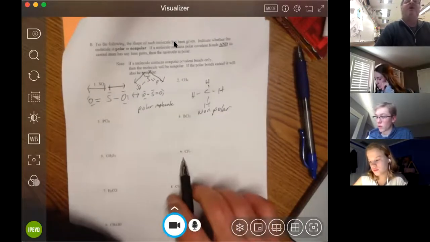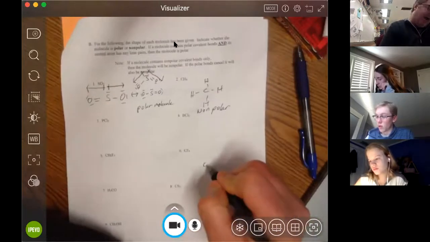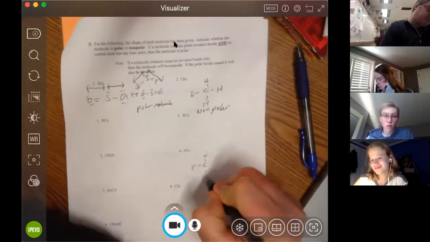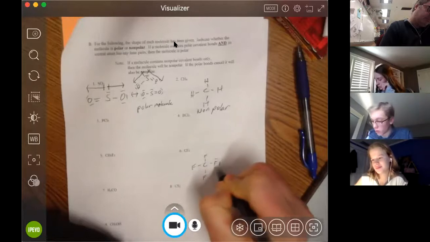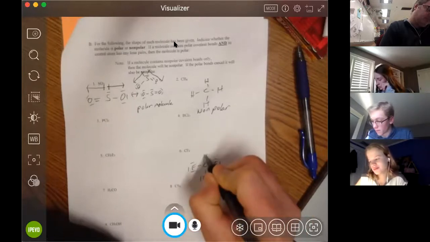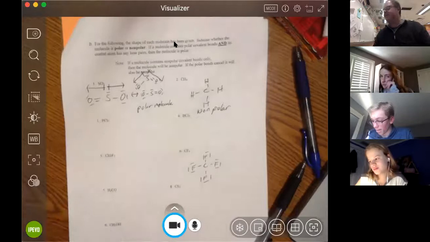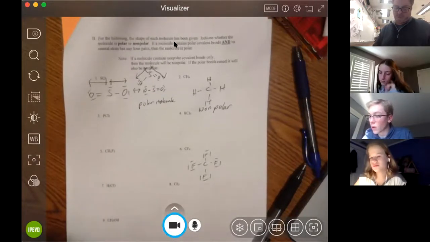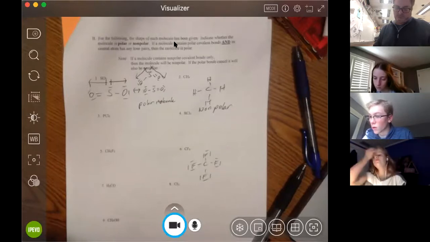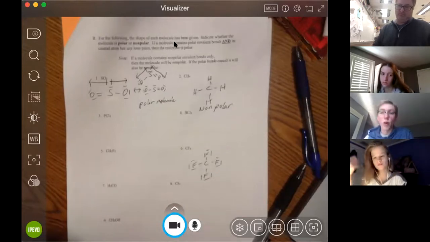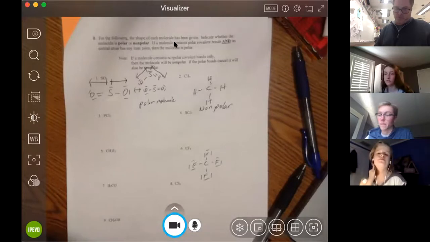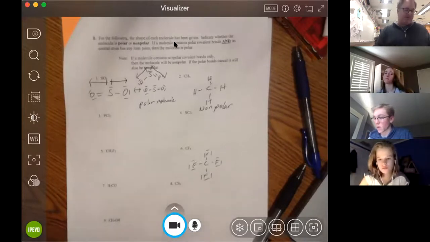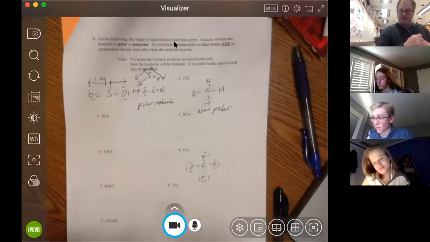Let's see CF4. What's the electronegativity difference here? 1.5. So these are polar. But the difference here is that all of them are the same.